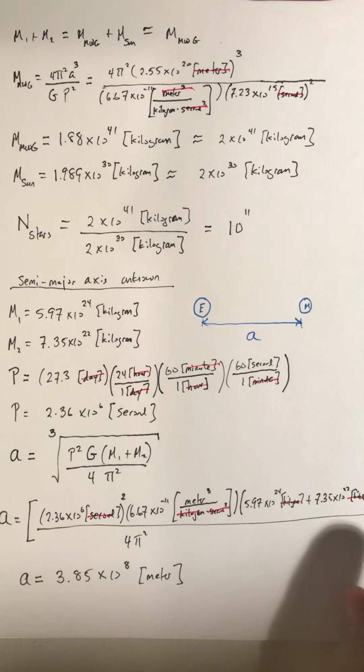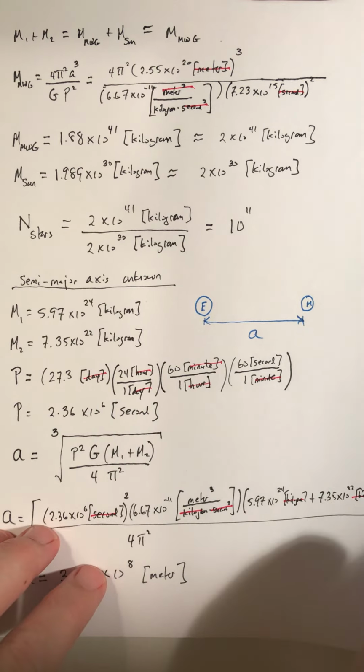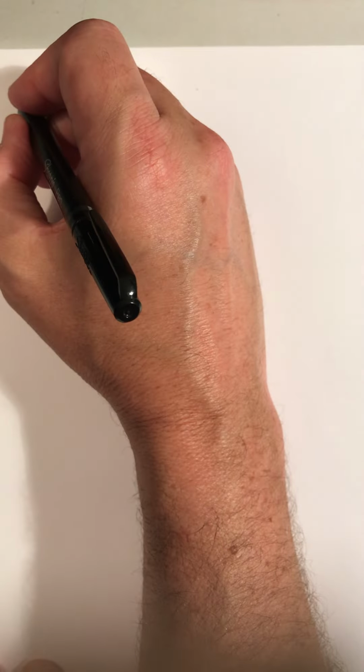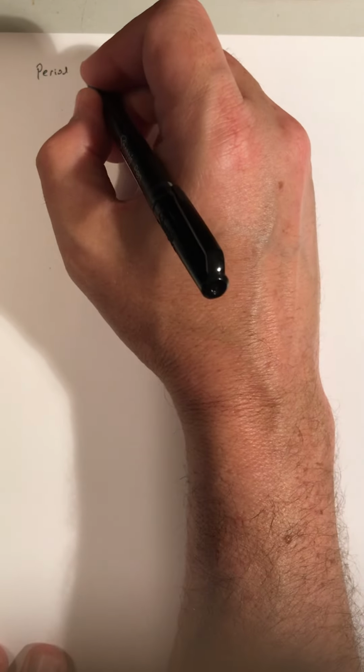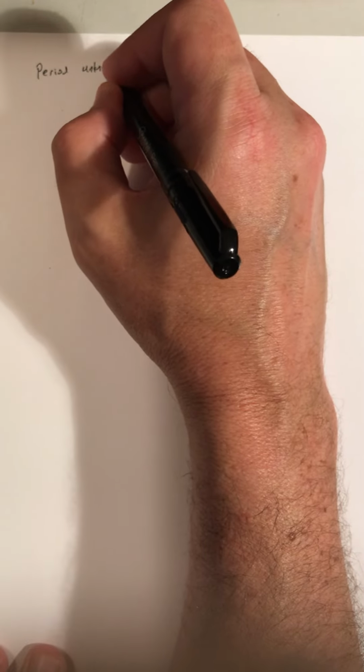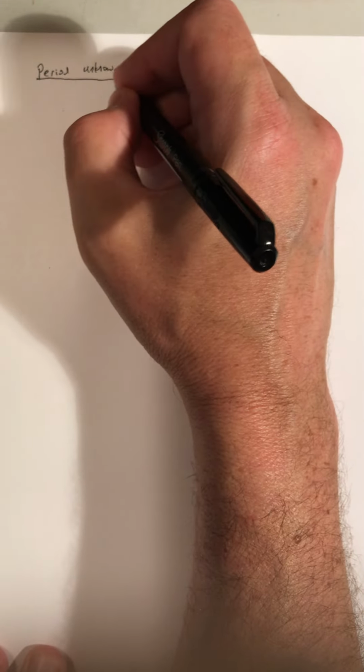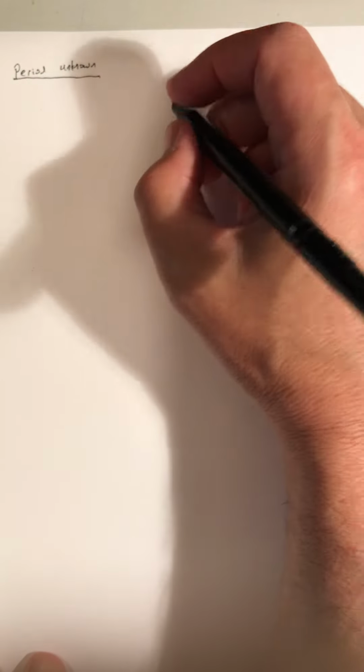All right, and then the last example I wanted to do is what does Kepler's third law of planetary motion look like when it's the period that's unknown. So we're going to try to work out the orbital period.